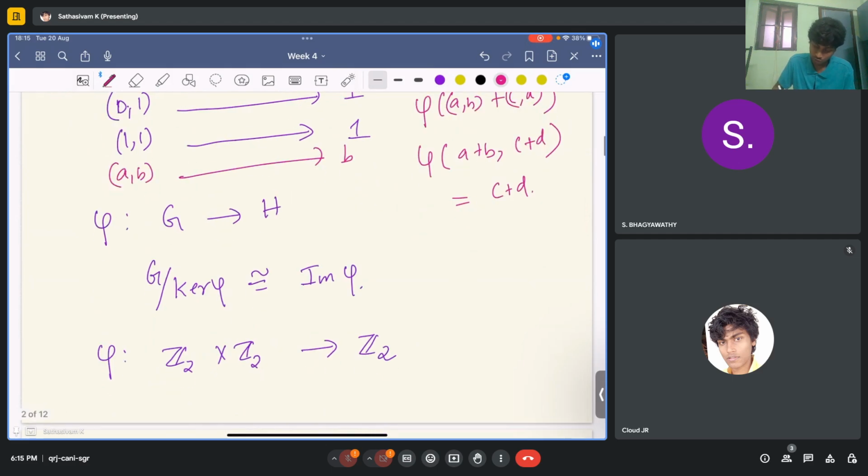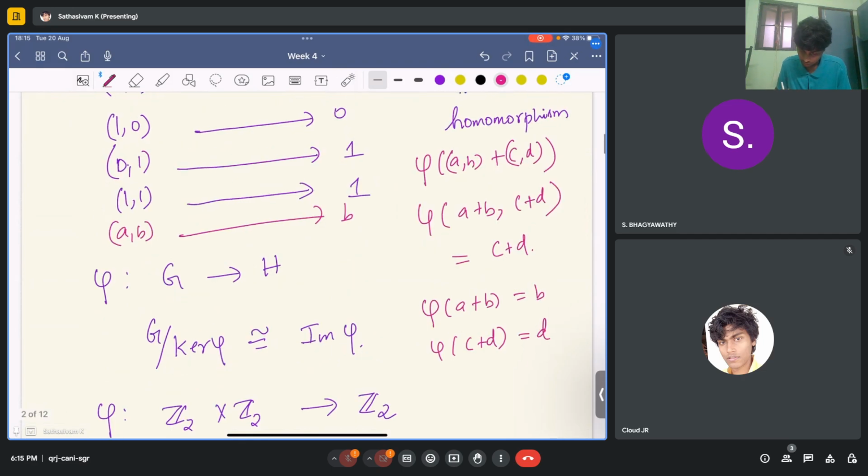Now, let's look at the other way around. Phi of (a, b) is b, phi of (c, d) is d. Okay, I made an error here. You have to add coordinate-wise, so this is (a plus c, b plus d).